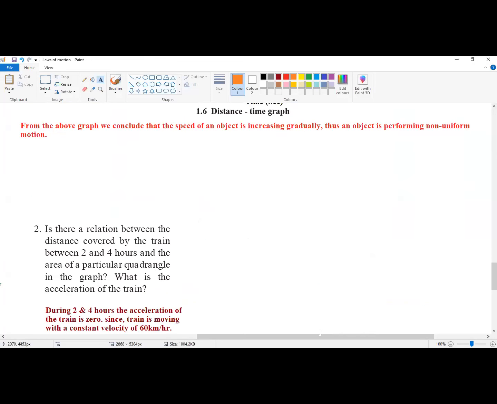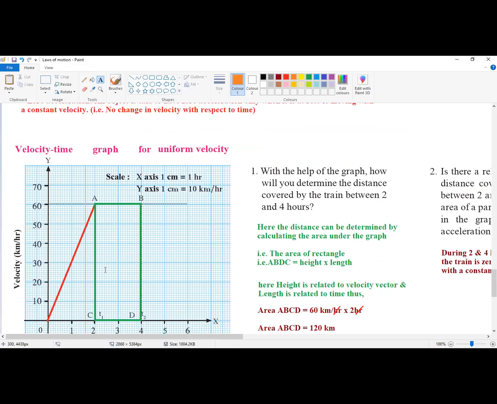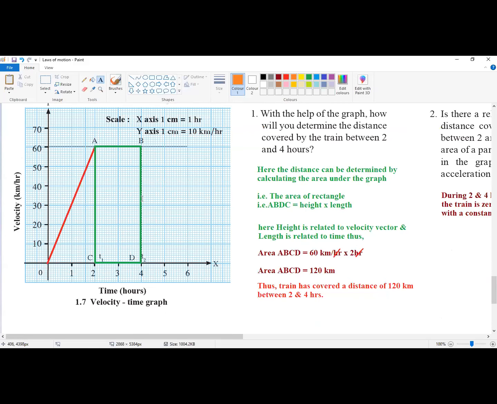So here is that graph, the velocity time graph.